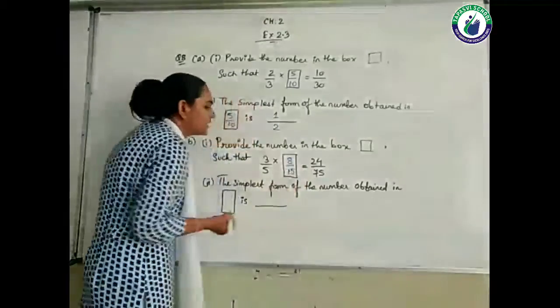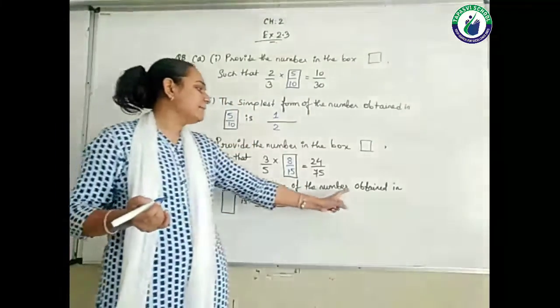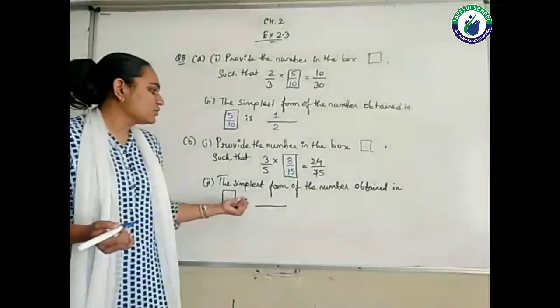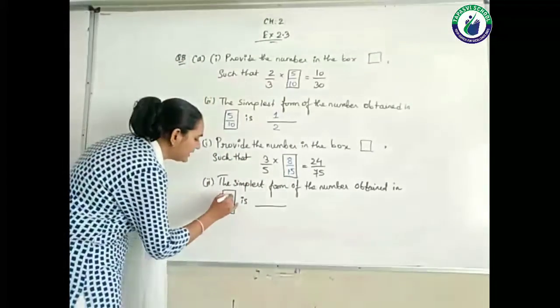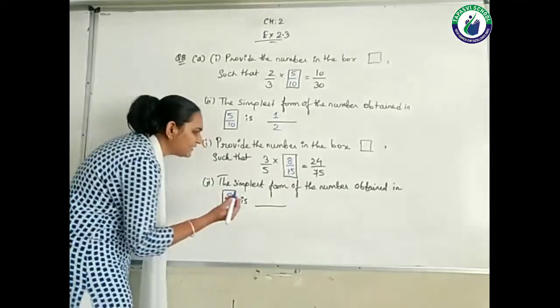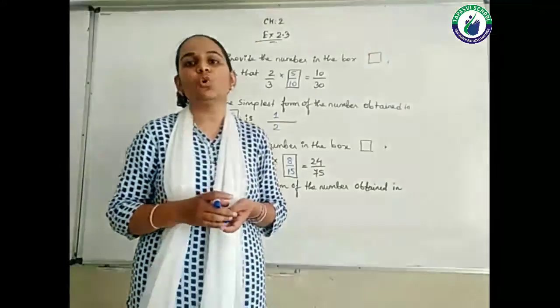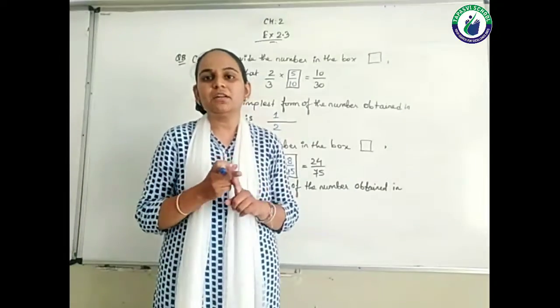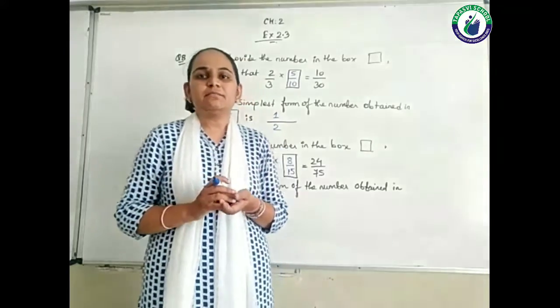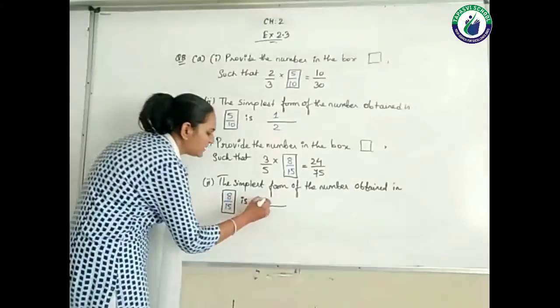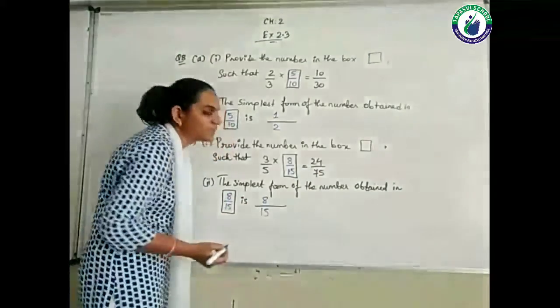Now the simplest form of the number obtained: so the simplest form, students, of 8 by 15, here I am writing 8 by 15. Can I divide 8 and 15 by any particular number? No. The reason is 8 is an even number and 15 is an odd number, so both cannot come in the same table. So it will be the same only, 8 upon 15.